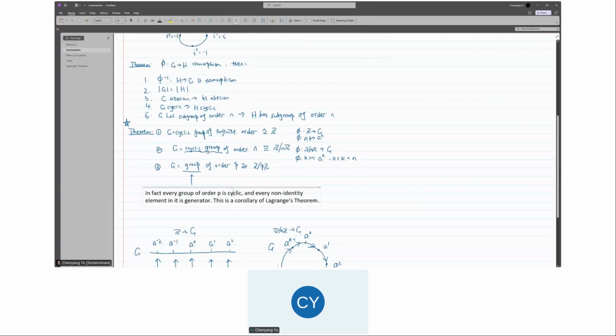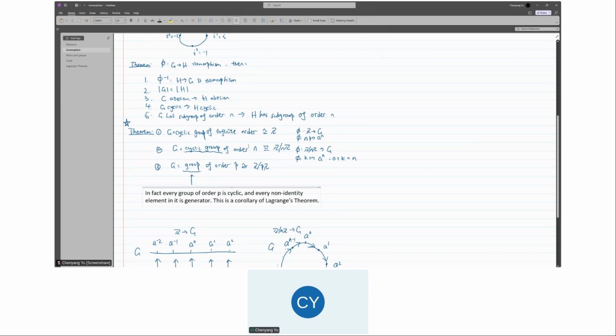Here's an important theorem. It says if G is a cyclic group of infinite order, then it is isomorphic to the integers. So G can be anything. Any cyclic group of infinite order is isomorphic to the integers.